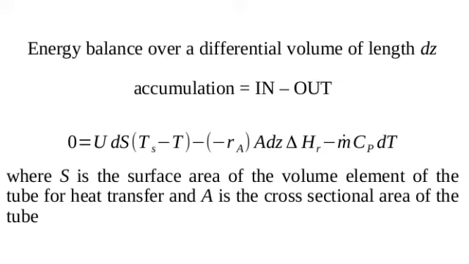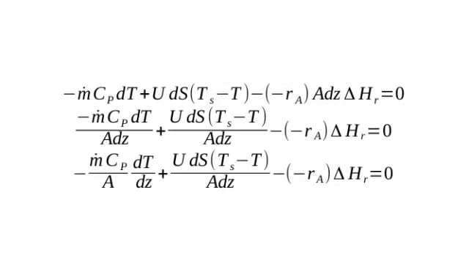Here one thing to note is that capital S is the surface area of the volume element of the tube for heat transfer. This is the surface area, and A is the cross-sectional area through which the fluid is flowing. Then manipulate these equations, put A dz in the denominator of all the expressions, and you will finally get this equation.